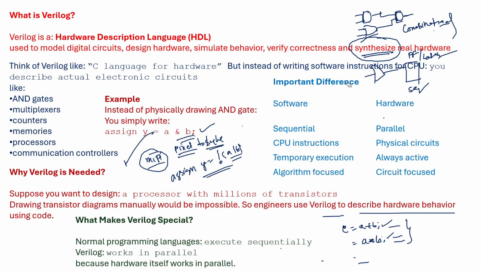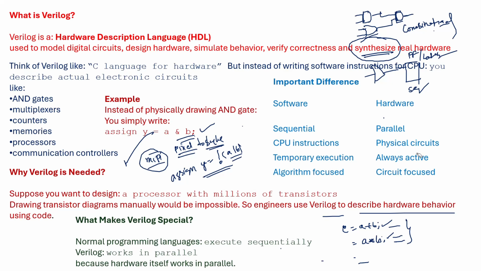So most of the time we are combining Verilog and SystemVerilog. That is the reason we are designing hardware. By using those languages, we will design hardware. So these are the differences. Software executes sequentially, hardware will be parallel. Software is CPU instructions based only.